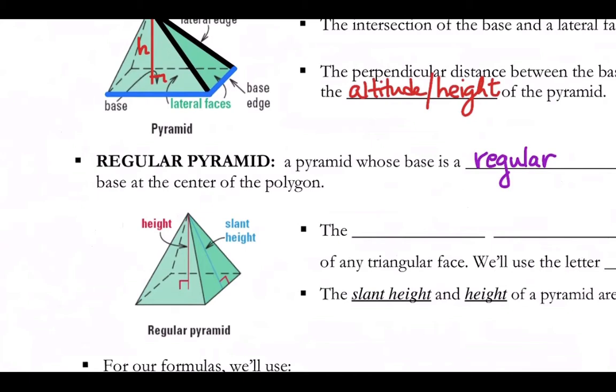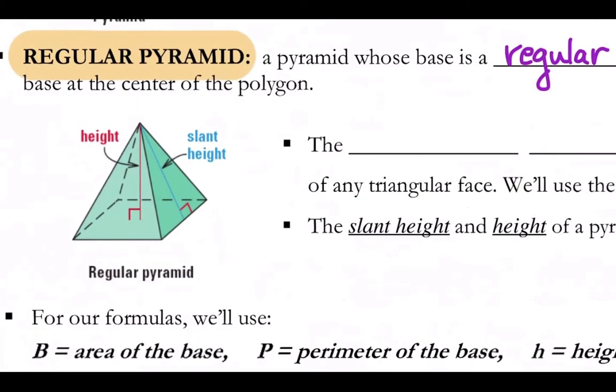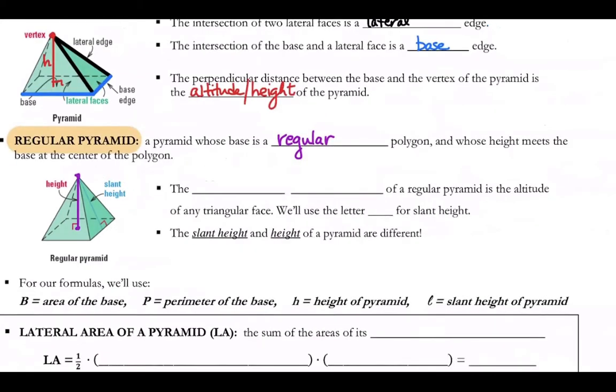So a regular pyramid is a pyramid whose base is a regular polygon. And when you drop down the altitude here, that'll be the center of the polygon. So basically the vertex is directly above the center of the base.